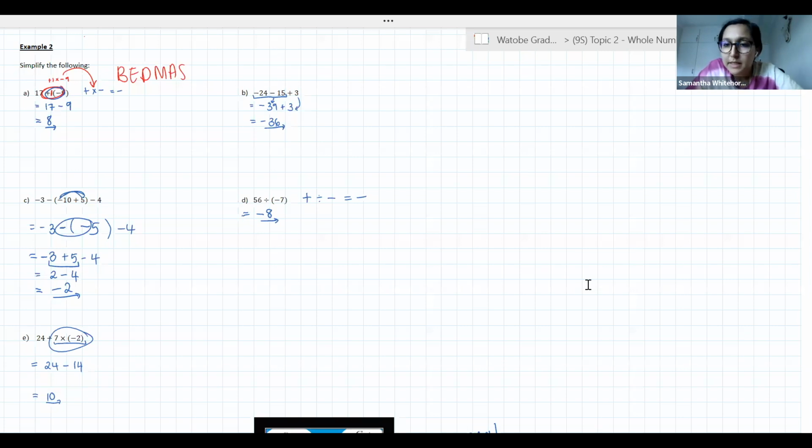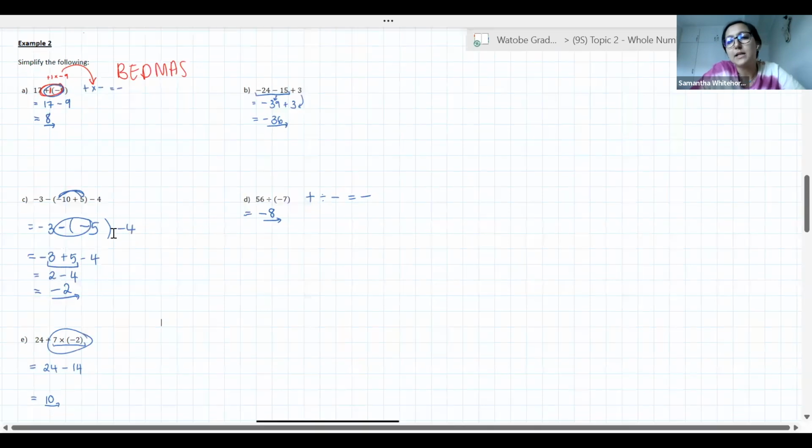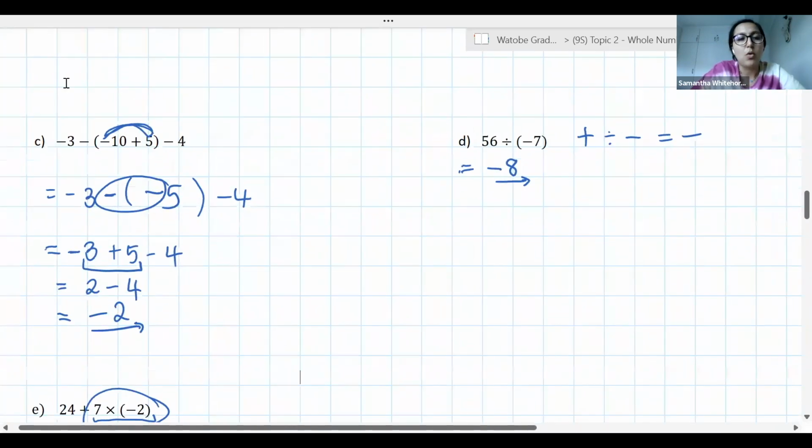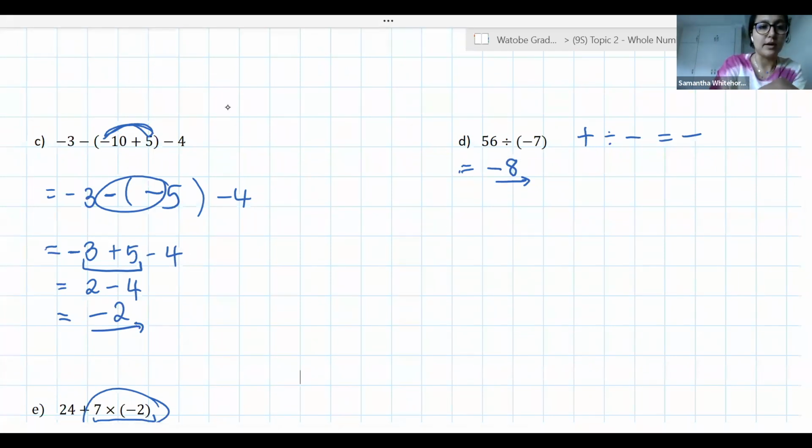Okay, Lolita, how do we cancel out the negative signs in question C? Okay, so we're not really canceling them out. I'm just gonna zoom in here. What we're doing is we're saying that, again, there's this ghost 1 in front of this bracket. And so what is actually happening here, let's put the ghost 1 there. What's actually happening is we've got -1 times -5.